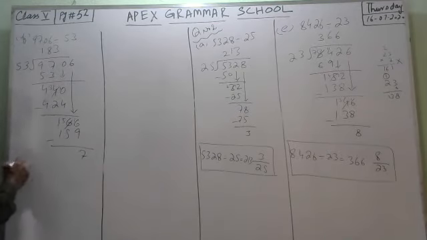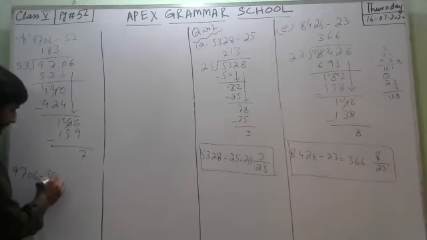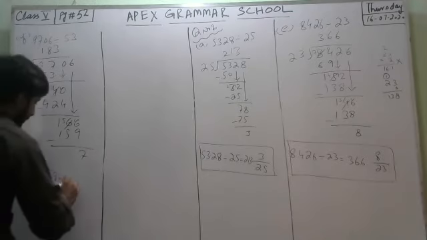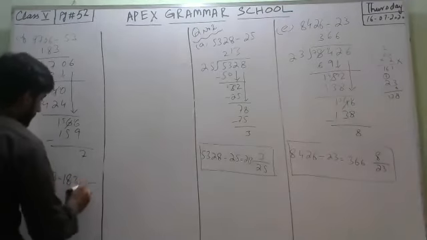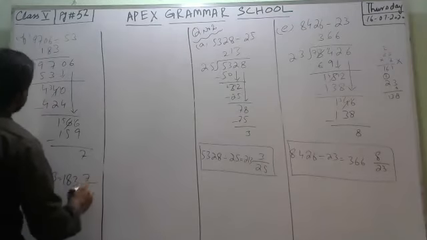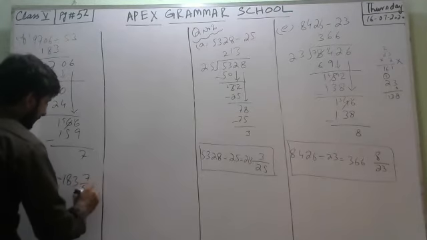So the answer is 9706 divided by 53 equals to 183 and 7 over 53.